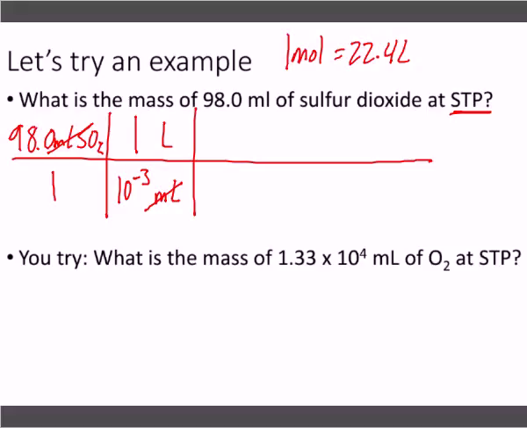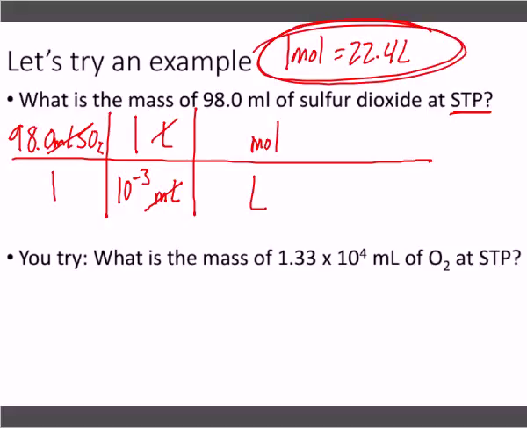So we have liters. Well, how do we get from liters to moles? Liters has to go on the bottom. Moles will go on the top. Using our conversion factor that we have right here, 1 mole is how many liters? 22.4. Liters cancel out. We're left with moles. Is moles what we're trying to get to in this problem? What are we trying to get to?